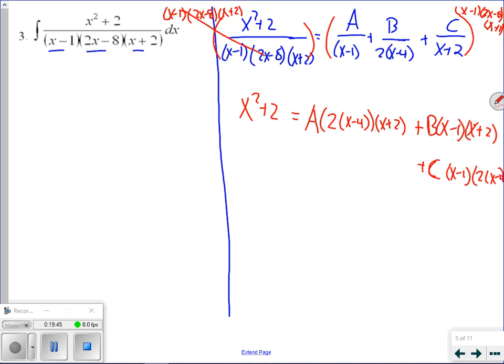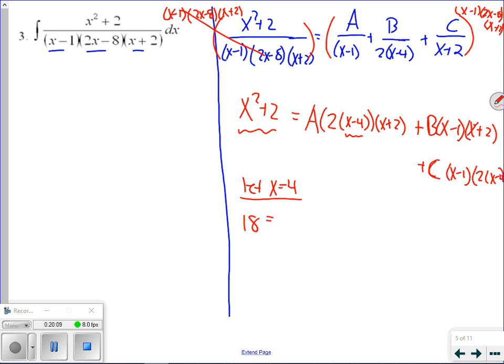Look at your factors. Just plug in x values that cross those factors out. Start with this x minus 4. What happens if I let x equal 4? Does that cross out some variables? Well, yeah. If I plug it in on the left side, 4 squared plus 2 is 18.